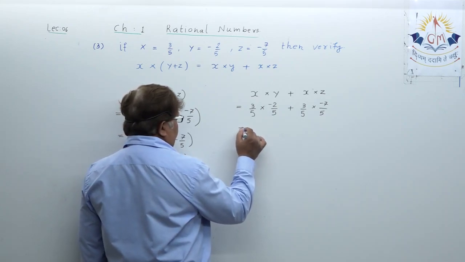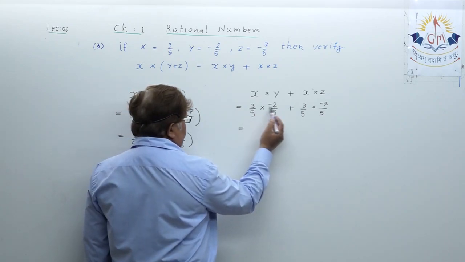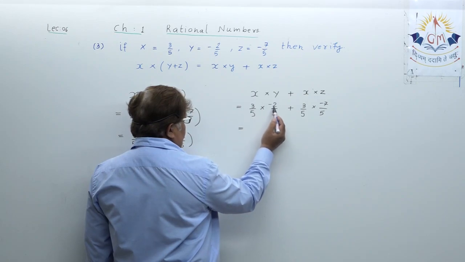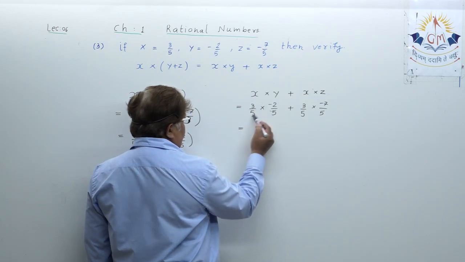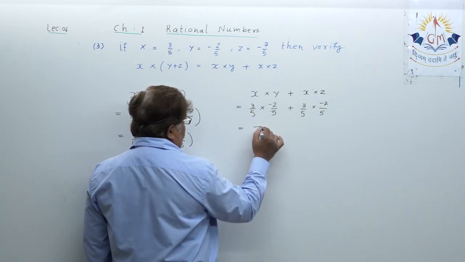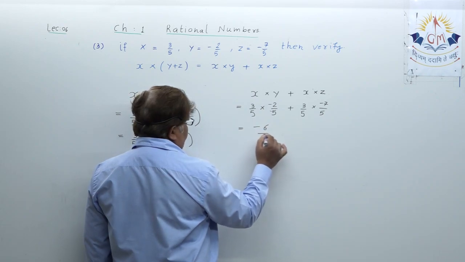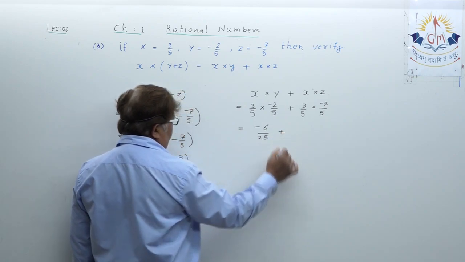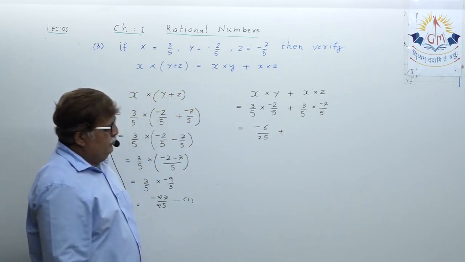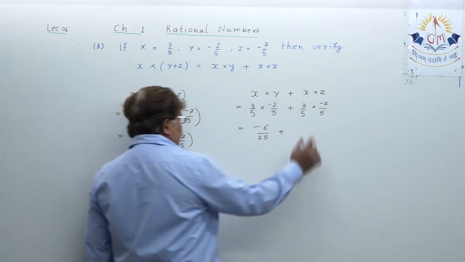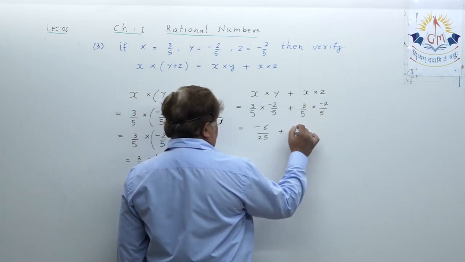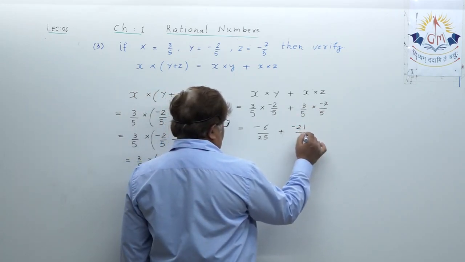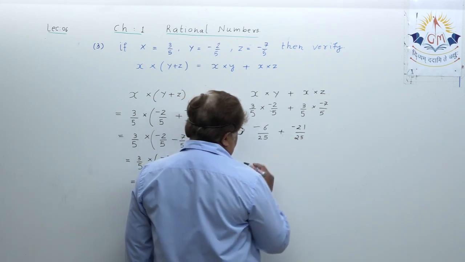After substituting the values, no cancellation is possible. So, minus 6 upon 25 plus, numerator to numerator, minus 21 upon 25.